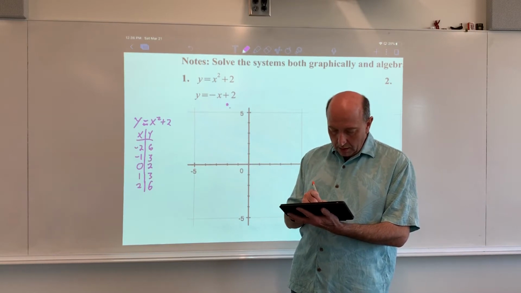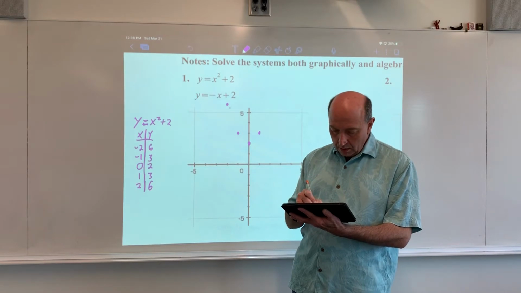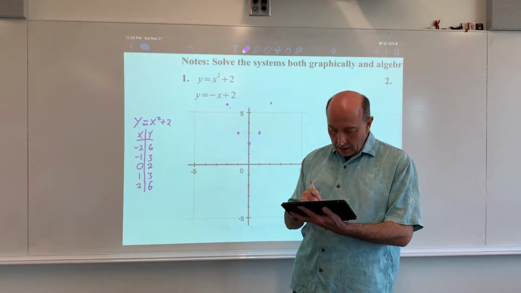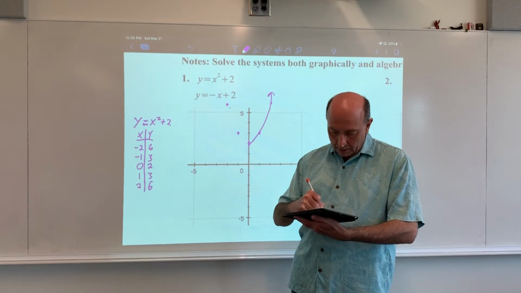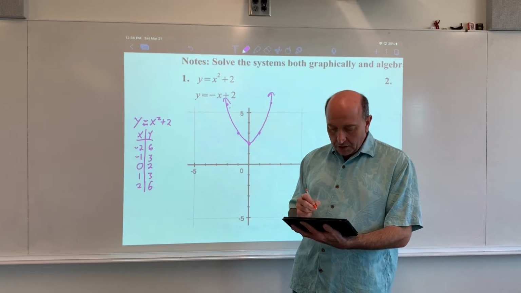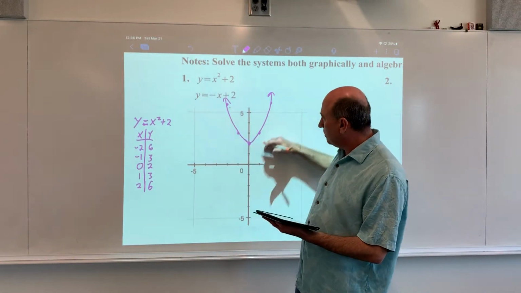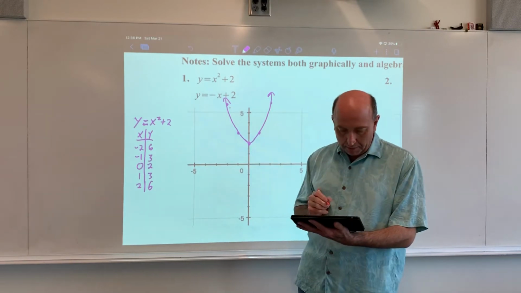Negative 1, 3. 0, 2. 1, 3, and 2, 6 is right there. So there's my parabola. This should have the standard shape, and plus 2, it looks like it moved it up 2. So this is the standard parabola.